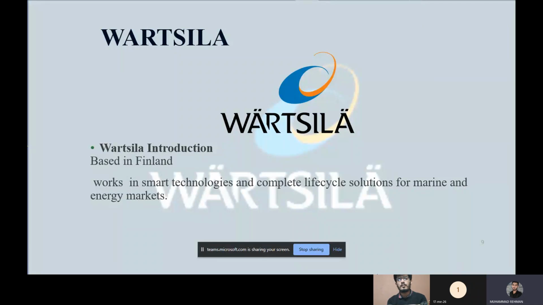So, the engine model assigned to us is of Wartsila Industries. Wartsila is based in Finland, and their engines are used in the marine and energy markets.